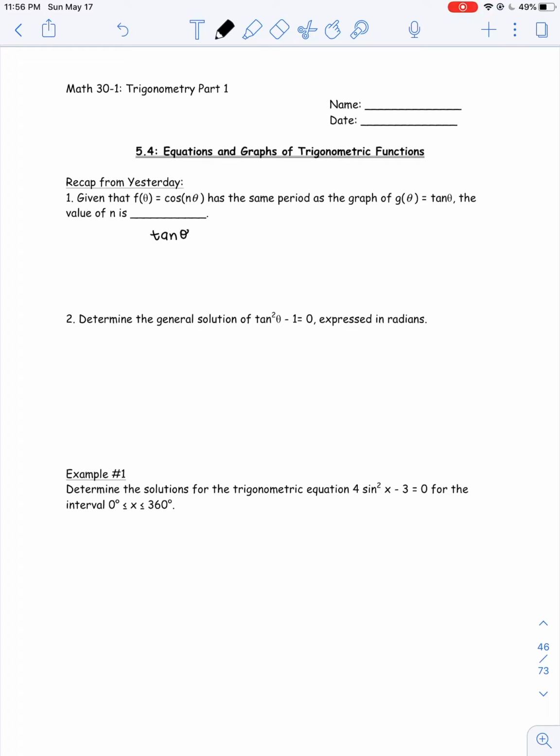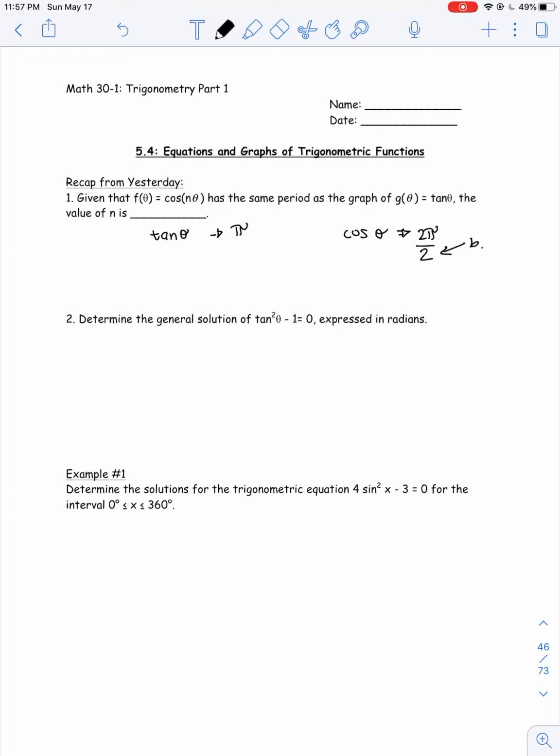Well, for tan theta, we know that the period is equal to pi. And for cos theta, we know that it's equal to 2 pi. So in order for them to be equal, we would have to divide this value by 2, which means that would be our b value right here.